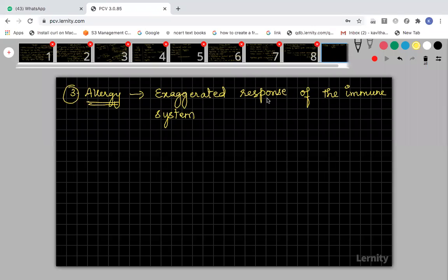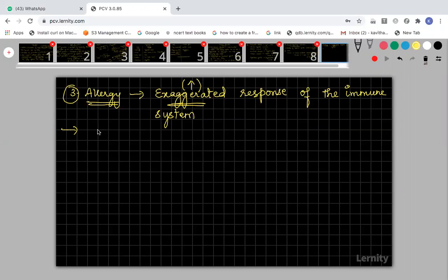When your immune system is hyperactive, it causes allergy. Exaggerated means a high response, more than the normal response. If there is a high or hyperactive response of the immune system, then it causes allergy. Allergy may occur because of so many agents.